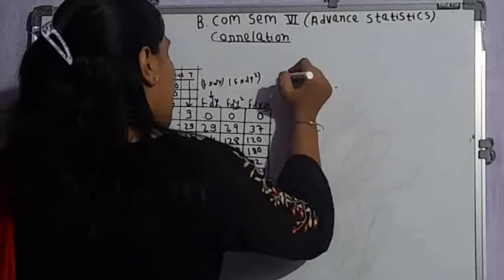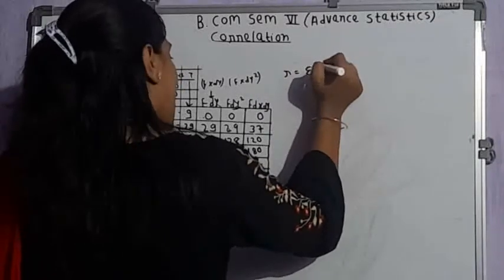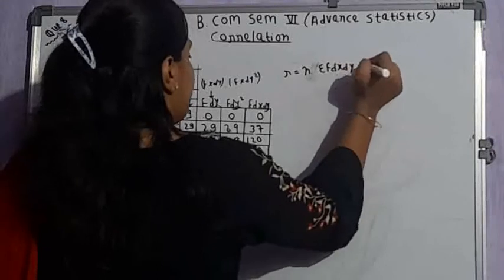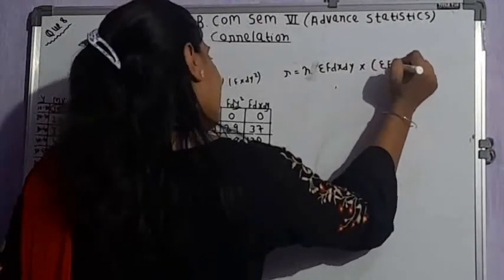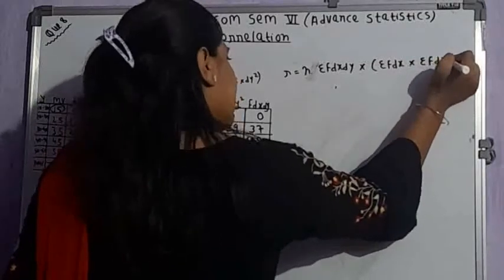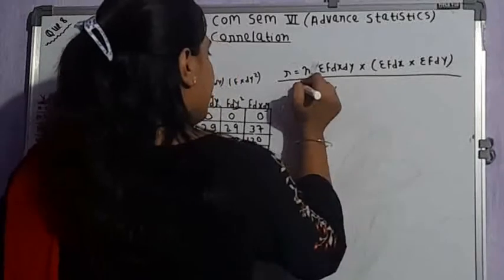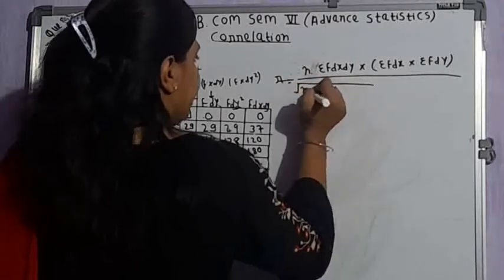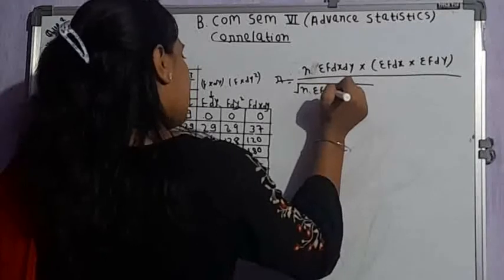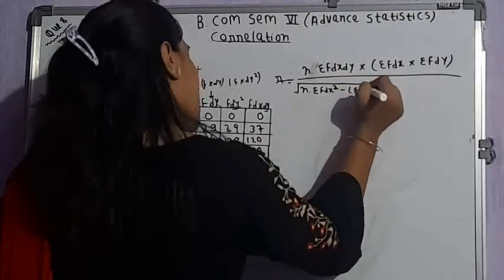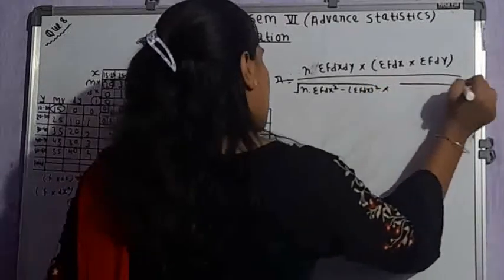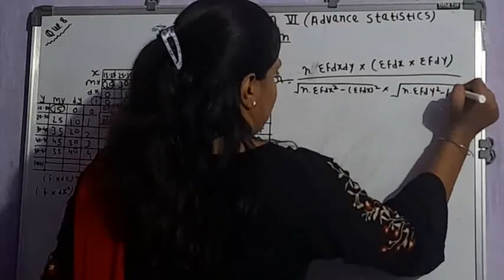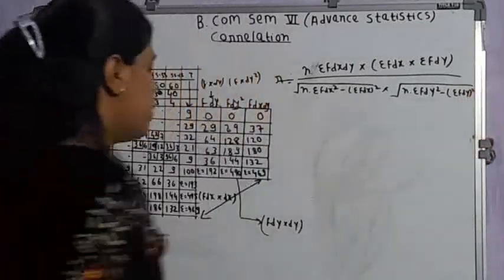So the formula is r is equal to n into summation f dx dy minus the bracket summation f dx into summation f dy, upon under root n into summation f dx square minus summation f dx whole square, into under root n into summation f dy square minus summation f dy whole square.